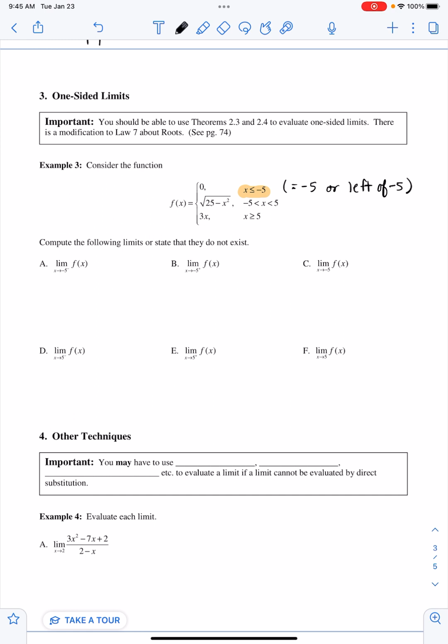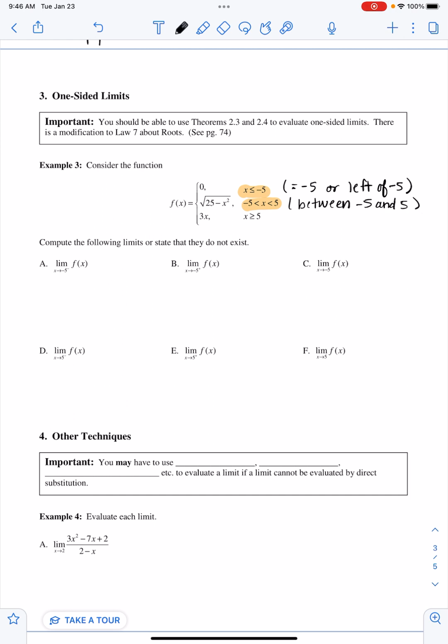On this next one, we want to be careful. We have this square root function. This is only good for -5 to 5, and we're between those values. So I want to look at this formula if I'm between -5 and 5.